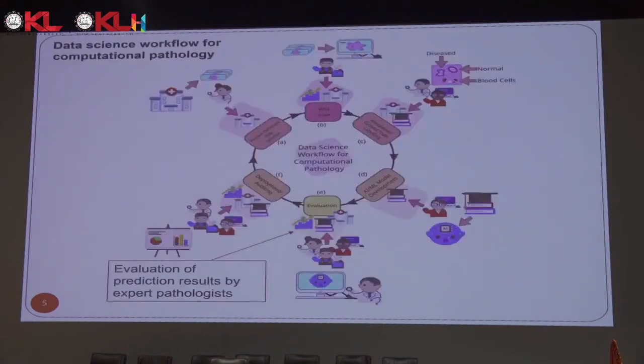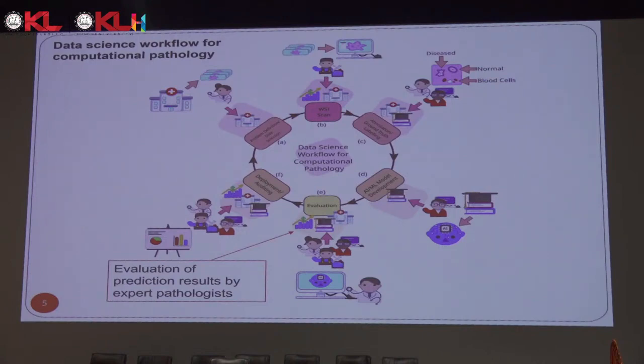So this is a data science flow for histopathology. I don't know if it's visible. Yeah. So this is the data science flow. Initially, the problem statement is done, and then there is scanning. I will talk about whole slide image scanning, where the slides are scanned, and then it is annotated by expert pathologists, the malignant areas, and the subtyping is done, and then we build AI models around that.